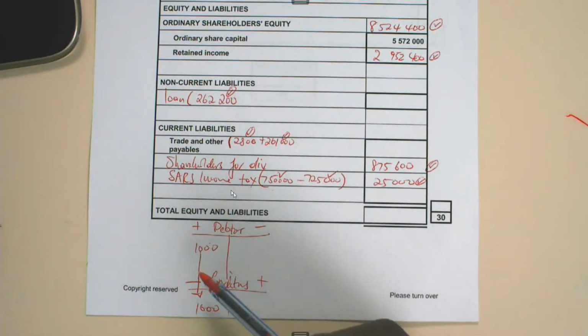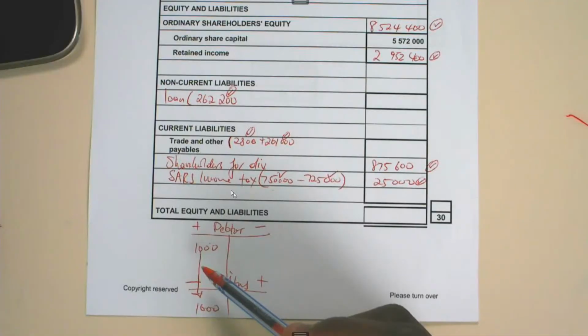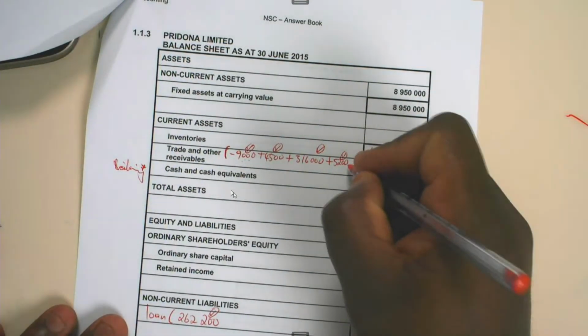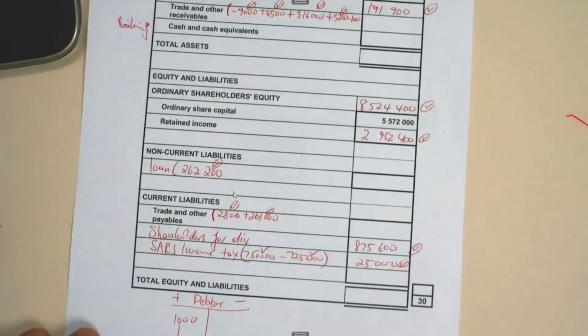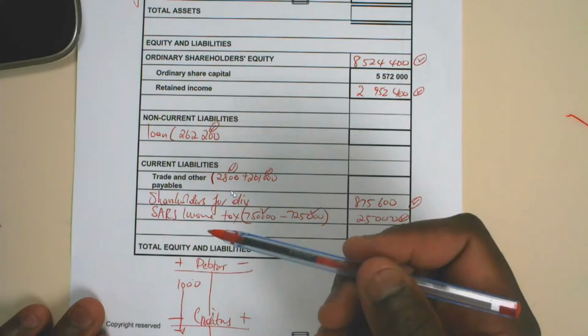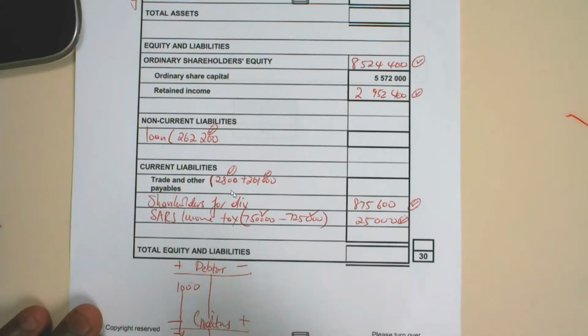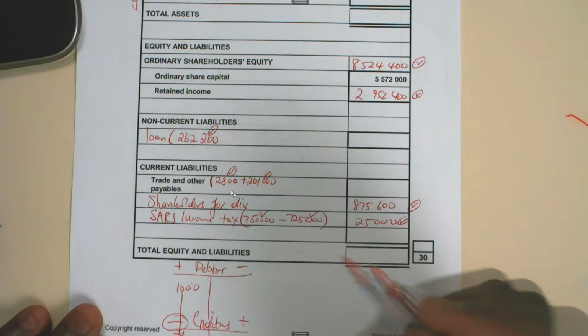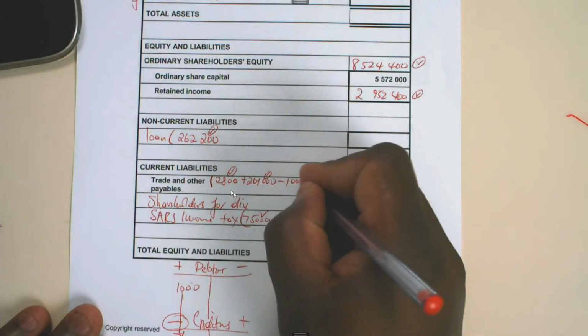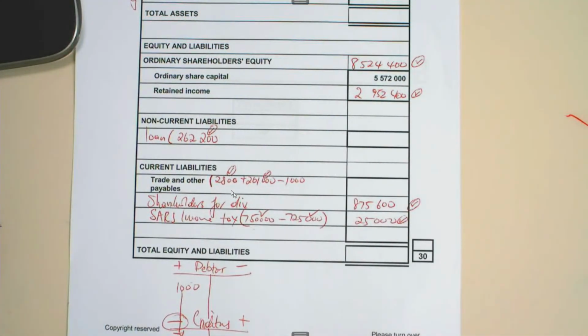Now, how do we record that here? Because we are transferring it, we must subtract 1,000 here, and then on our creditors ledger it is now negative 1,000. So now here we'll have minus 1,000.